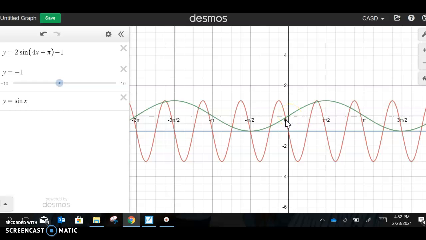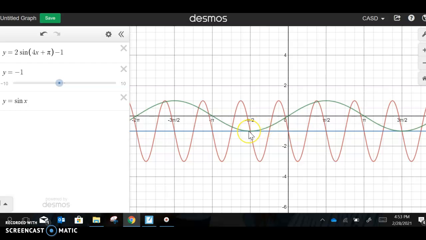Well, it was shifted to here. It was shifted over here, and it's going faster, right? Instead of the period being 2 pi, it only took pi over 2 to get through one cycle. You see what that did? And it also, of course, shifted it down.